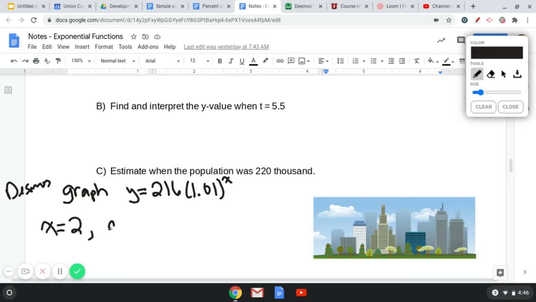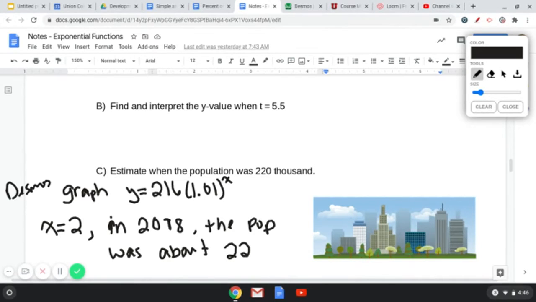So in 2018, because that's what it means when x is 2, it's 2 years after 2016. In 2018, the population was about 220,000.